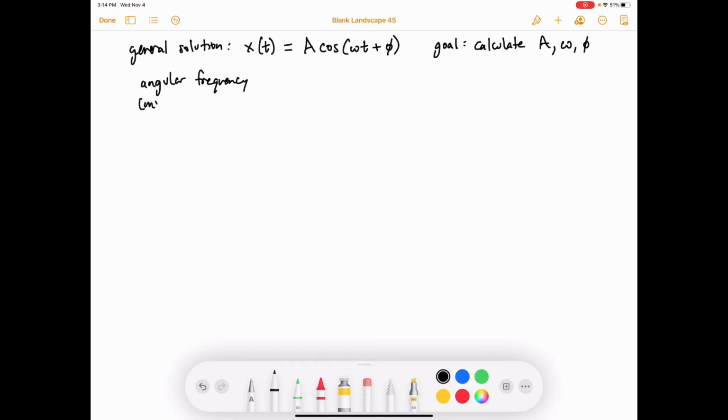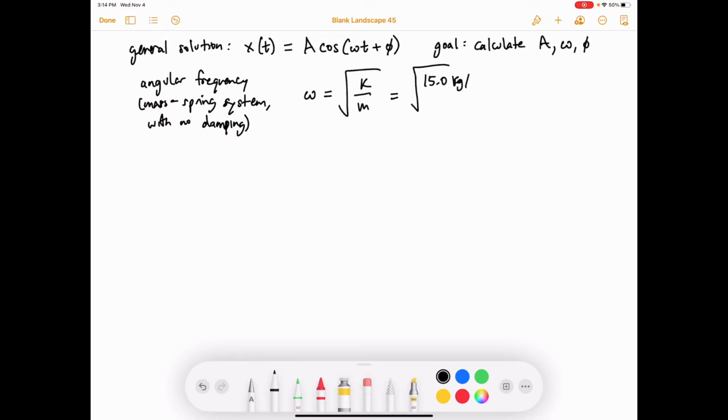Remember, we're dealing with a mass spring system with no damping. That means we're not losing energy to friction or air resistance. When that's the case, the angular frequency omega is given by the square root of k divided by m, where k is the spring constant, 15 newtons per meter, or equivalently, we can say kilograms per second squared.